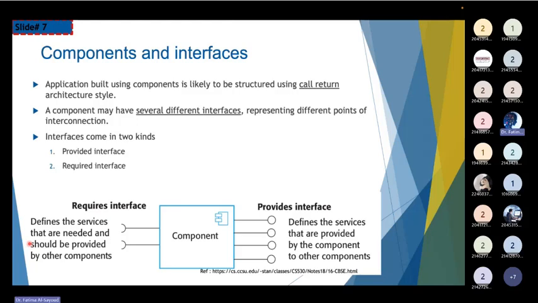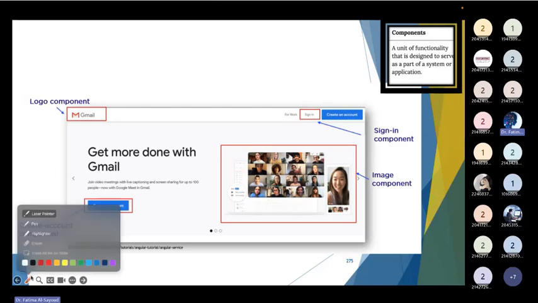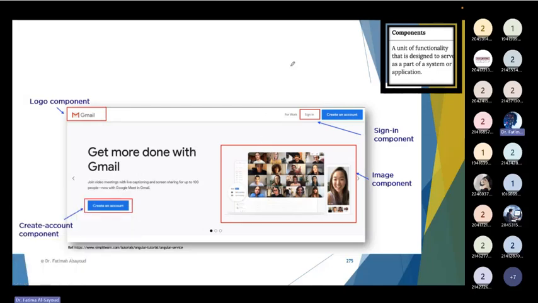مين المسموح له إنه يعمل access إلى إيش؟ So if I have a system, a website, let's assume I have an authentication for a login, and I'm going to have another component for security, which provides access control. So the interface in this case is access control. Who's allowed to access what?